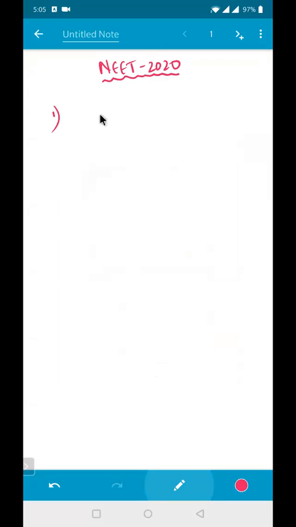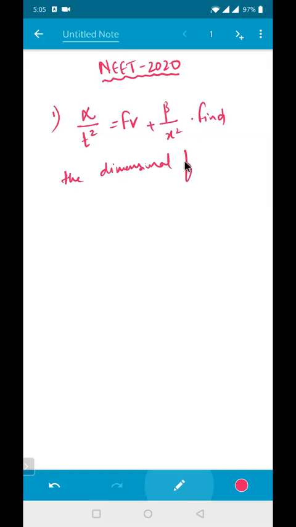So generally in units and dimensions, the first one: say, for example, if I give an equation like this, alpha divided by t square is equal to F into v plus beta divided by x square. Find the dimensional formula or dimensions of alpha and beta.